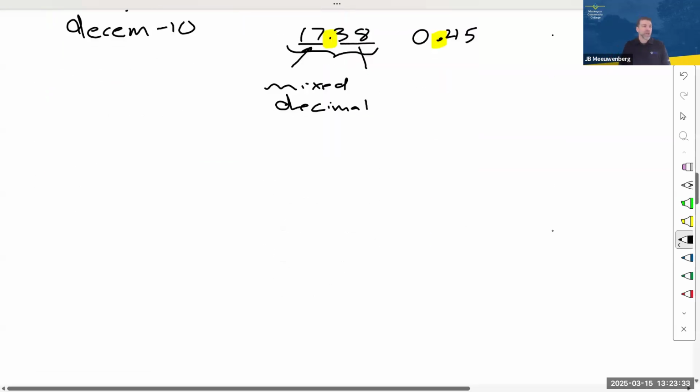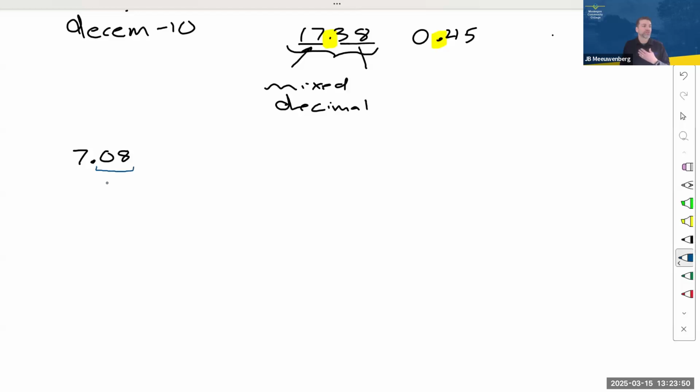So when we write a decimal number like 7.08, the number of digits to the right of our decimal point, these digits right here, refer to the number of decimal places.